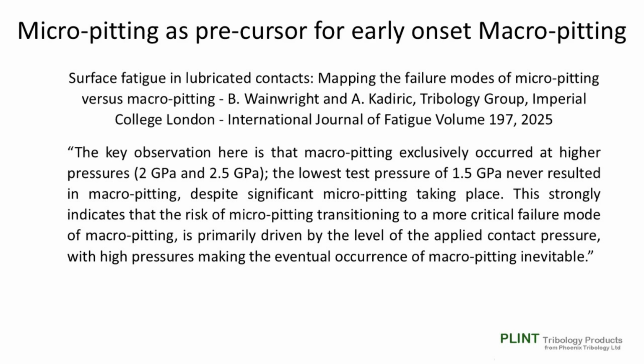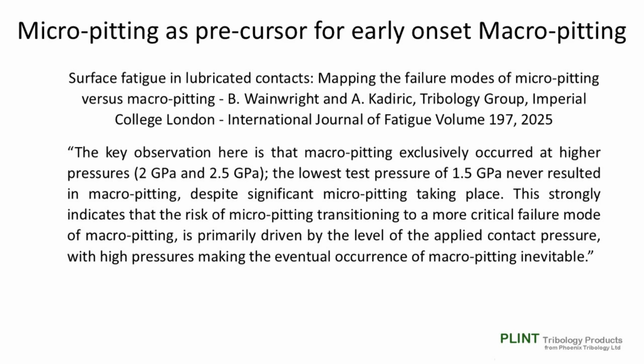To quote a recent paper by Wainwright and Kaderich from the Tribology Group at Imperial College London, titled Mapping the Failure Modes of Micropitting versus Macropitting, the key observation here is that macropitting exclusively occurred at higher pressures, 2 gigapascals and 2.5 gigapascals.